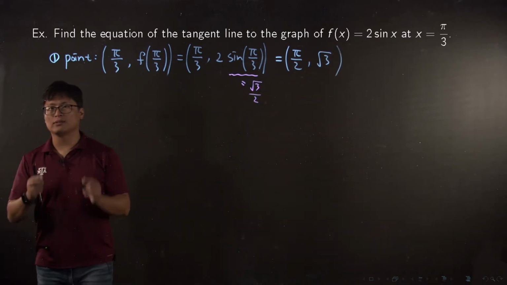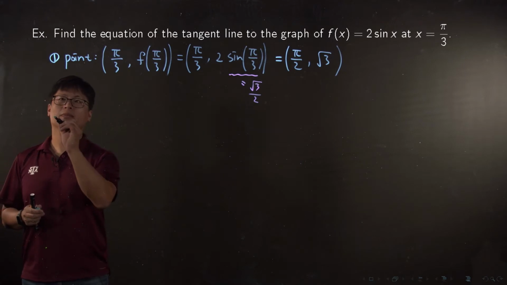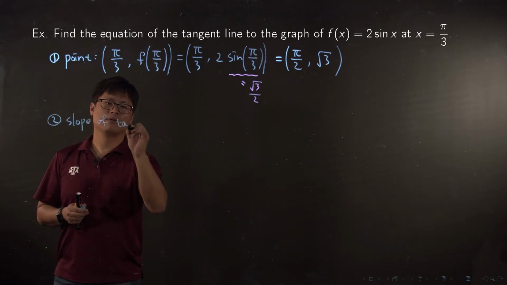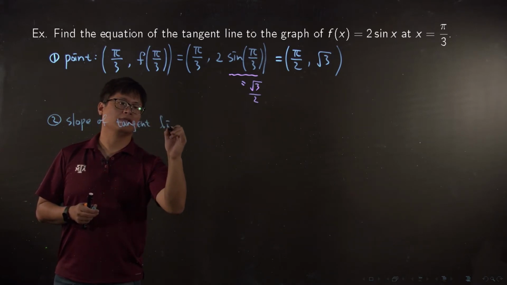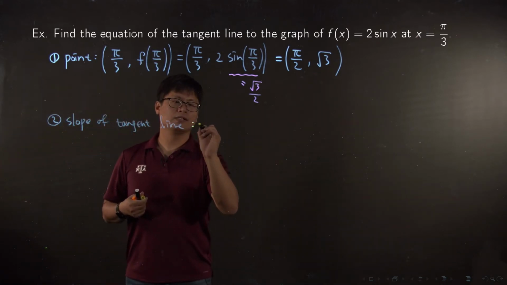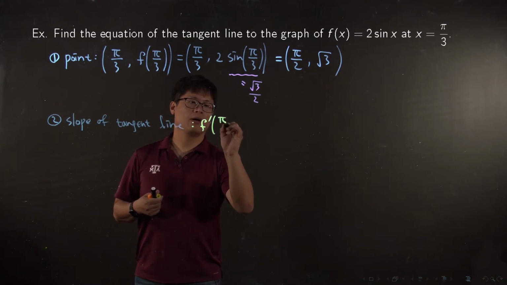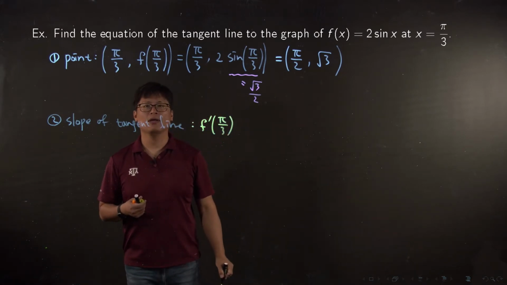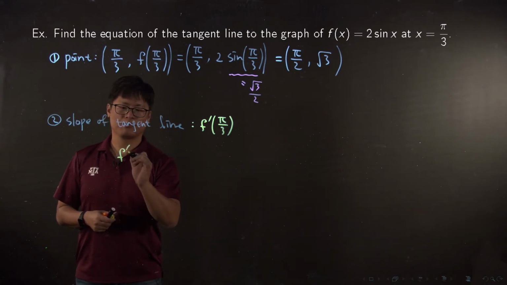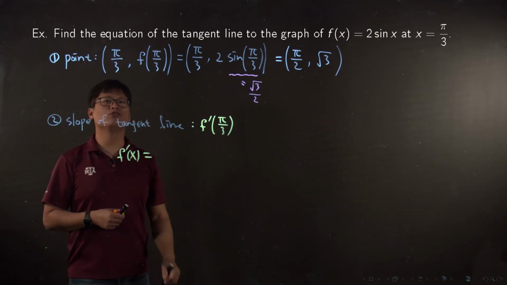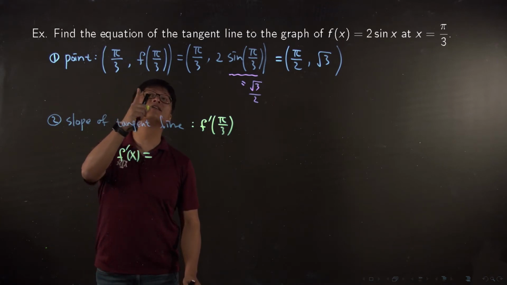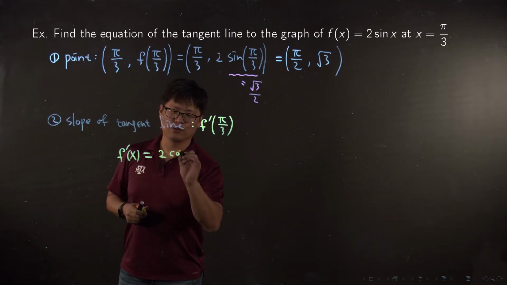Now we have to figure out the slope of the tangent line. Here we go. Let's say it is number 2. The slope of the tangent line, let me change the color, is f prime of pi over 3. Now we have to find f prime first, then plug pi over 3 into it. So what is f prime? My function is 2 sine x, and the derivative of sine x is cosine, so 2 cosine x.